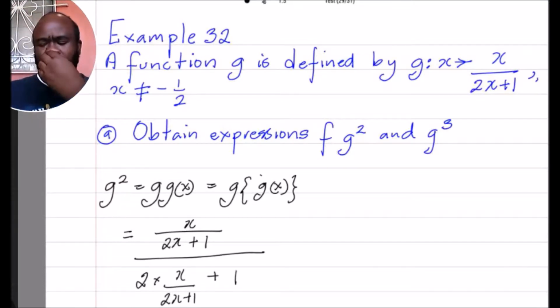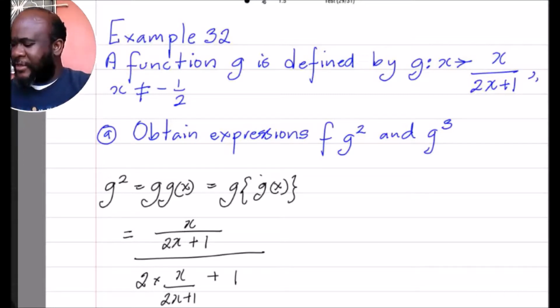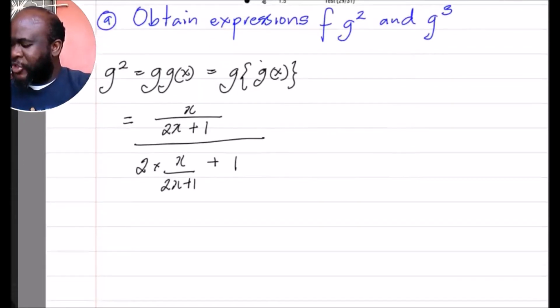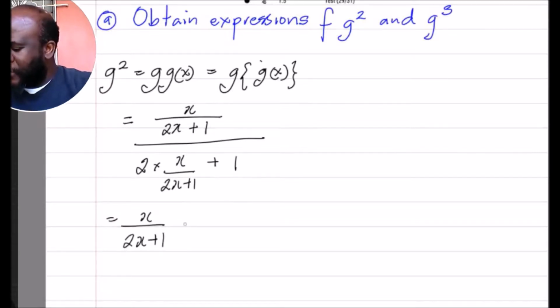So to find g squared, in g, wherever I see x, I take out x and put g. So really what we have is the numerator, which is x over 2x plus 1, divided by the denominator, which is 2 times x, that is 2x over 2x plus 1, plus 1.